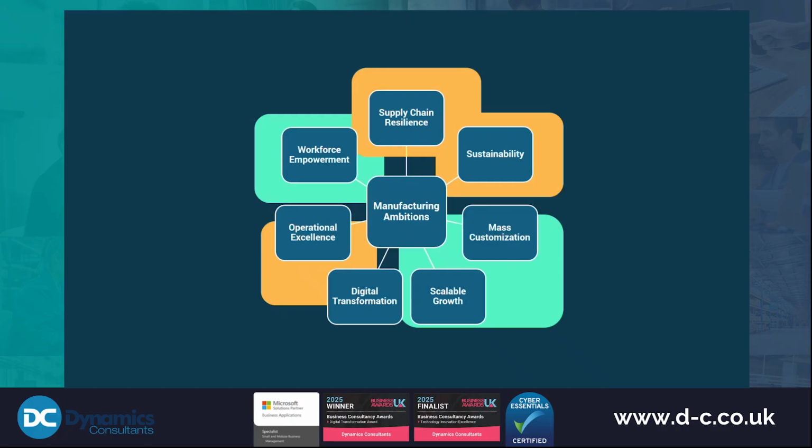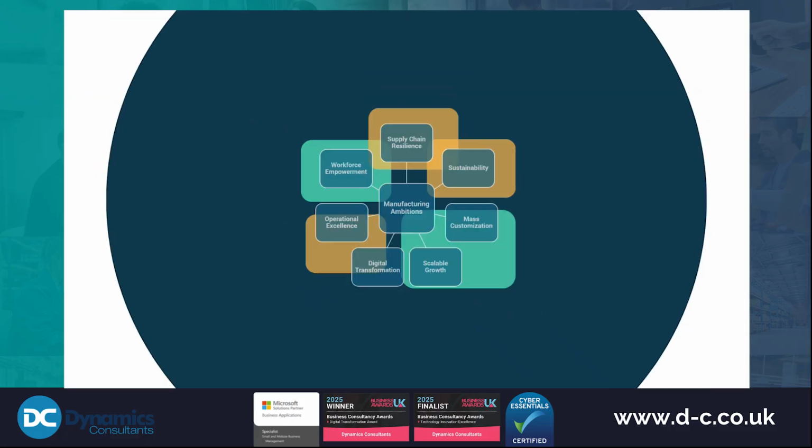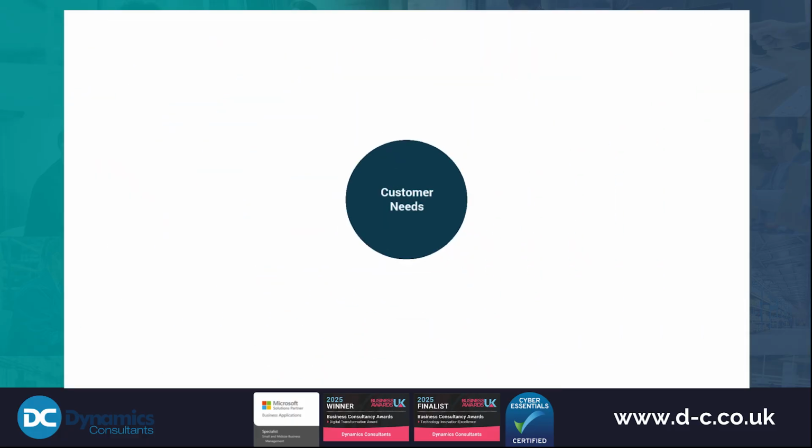Or we serve manufacturing customers that want to go through digital transformation. They now have legacy systems where there's a lack of connection between the systems, a lot of manual work. Many different ambitions are there for manufacturers, and our solutions aim to help them reach those ambitions by addressing the customer needs.